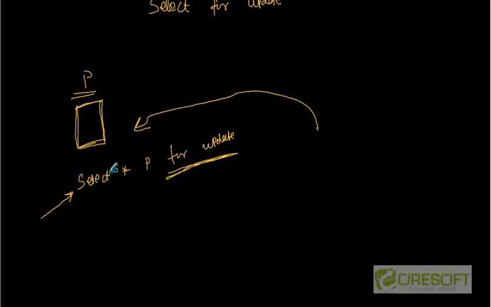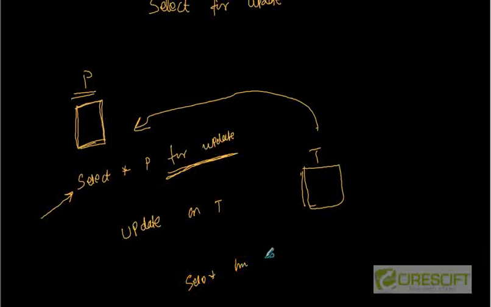In another scenario, let's say we are doing an update on table T, and the moment we update table T, table T has a lock. Now another session is going to do select star from T for update.